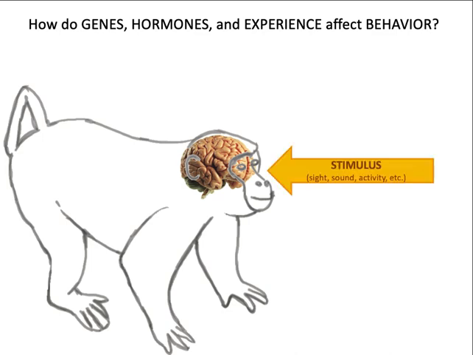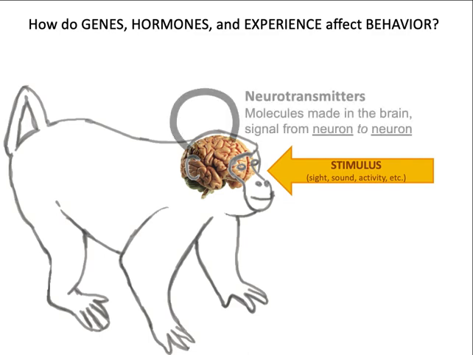Okay, so first of all, some stimulus enters the body, right? Some sight or sound or smell enters the brain through our sensory organs, right? So our eyes, our ears, our nose, depending on what the stimulus is. The millions of brain cells or neurons in your brain communicate to process and make sense of the stimulus.